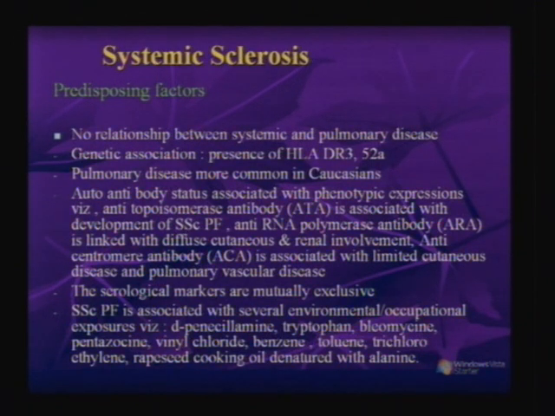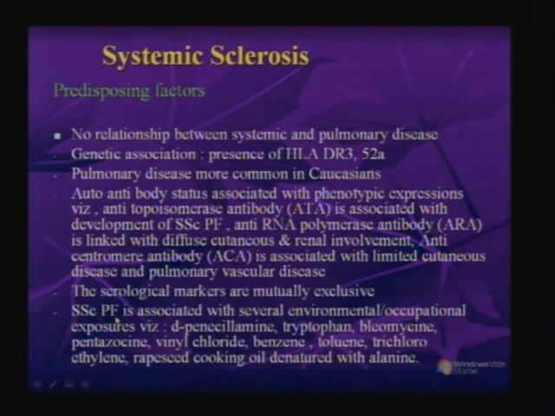There are various autoantibodies which are seen, like anti-topoisomerase antibody, anti-RNA polymerase antibody, and anti-centromere antibody. Each of these antibodies is associated with specific features: anti-topoisomerase has more pulmonary fibrosis, anti-polymerase antibody is linked more with cutaneous and renal involvement, and the serological markers are mutually exclusive.